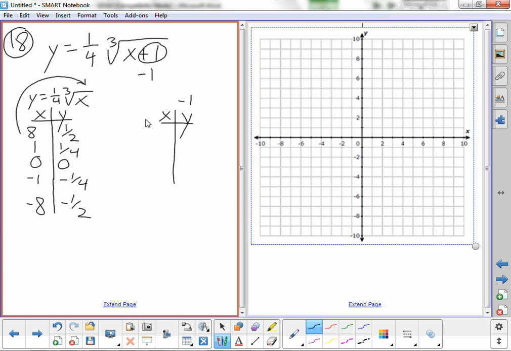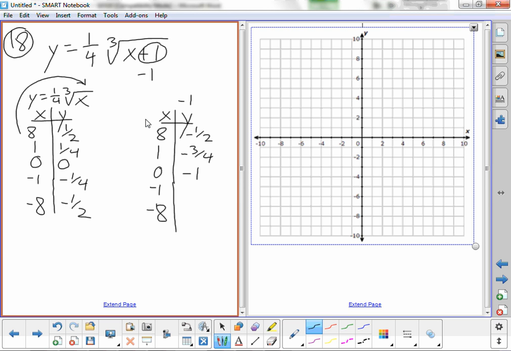So now I'm going to subtract 1 from all of those. So x's stay the same, 8, 1, 0, -1, and -8. All right, so 1/2 minus 1 is a -1/2. 1/4 minus 1 is a -3/4. 0 minus 1 is a negative 1.